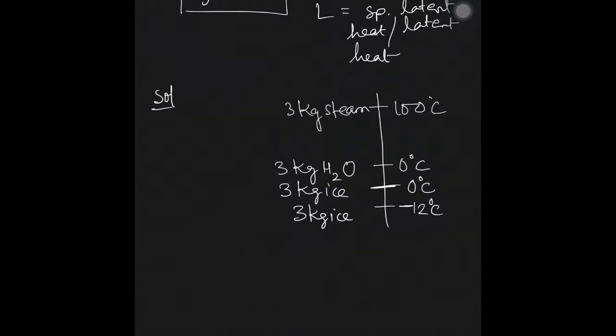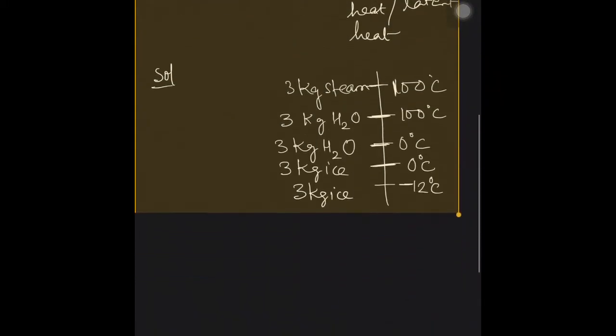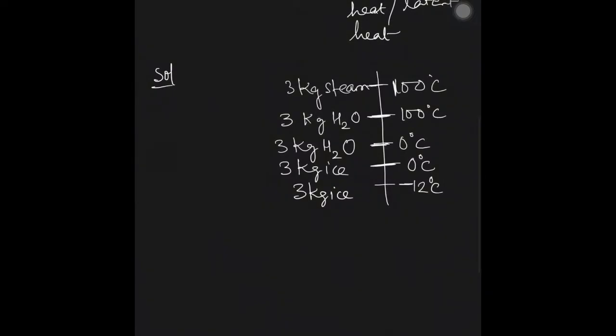You are still further continuing to heat it, so water will rise from 0 degrees C to 100 degrees C, and then further when you heat it, obviously at 100 degrees C the same water will start boiling and you will get 3 kg steam. So you can see how many steps are involved. Let's count. 1 2 3 4.